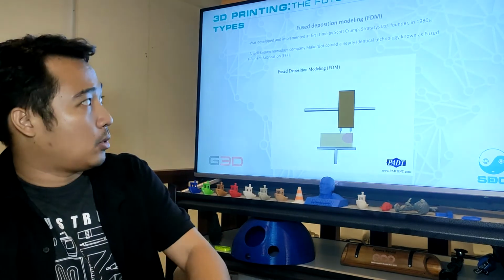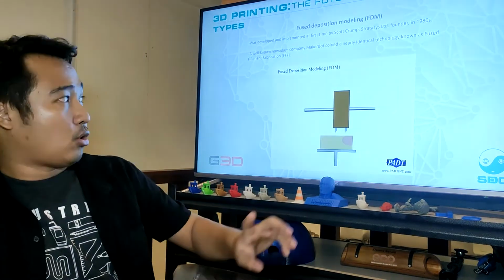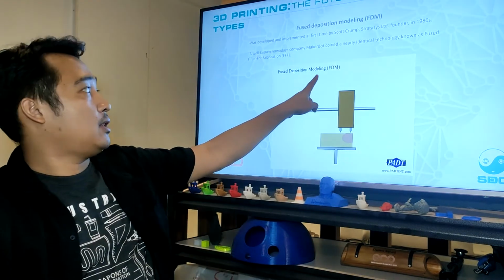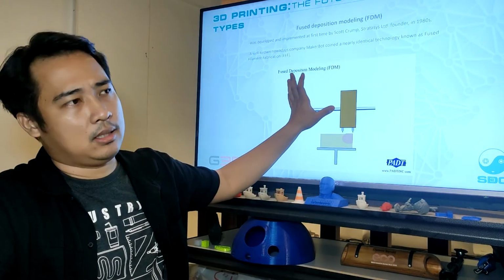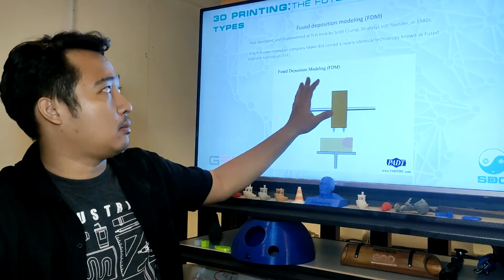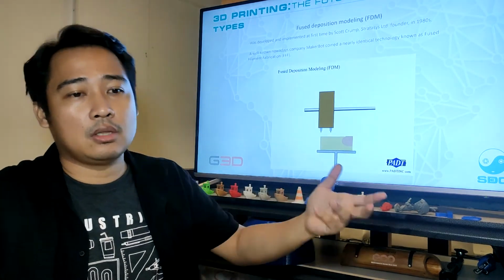A well-known sample of a printer company is MakerBot or Multimaker, which is nearly identical technology known as fused filament fabrication or FFF. I think Stratasys trademarked the FDM, so they call it FFF or fused filament fabrication.